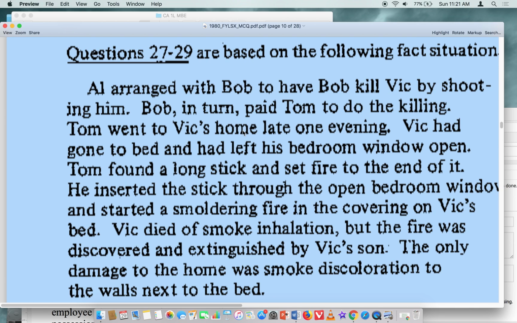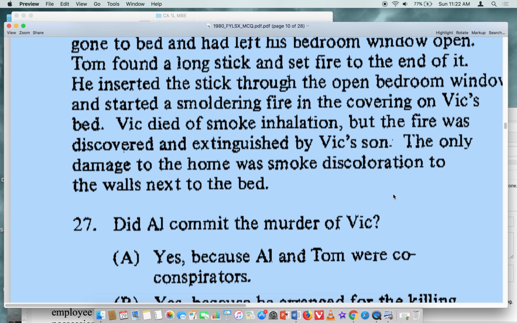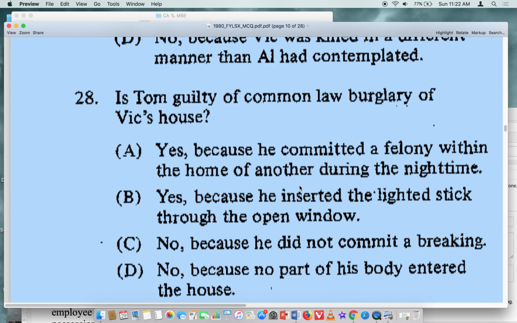Now, this is an old question, and what they do now is this is a combined 27 through 29. What they do now is they just take the fact pattern and put it on top of each of the questions that it applies to.